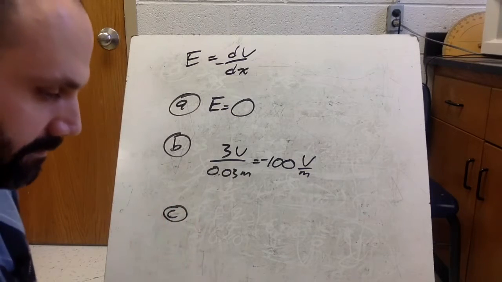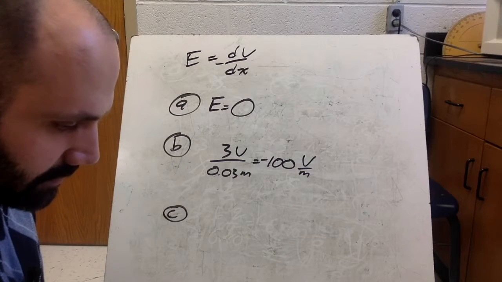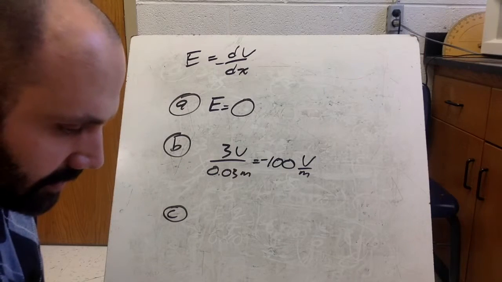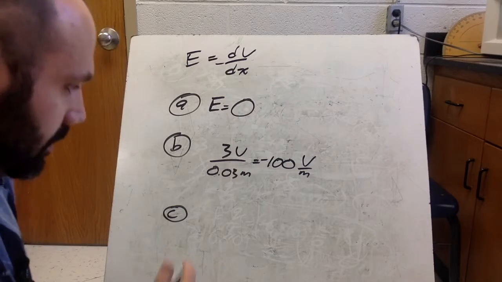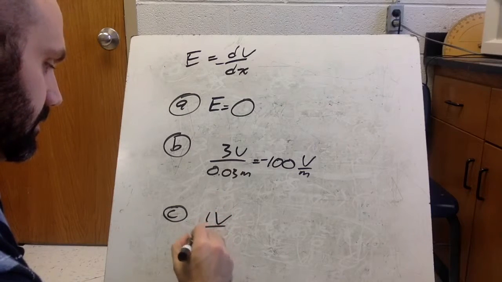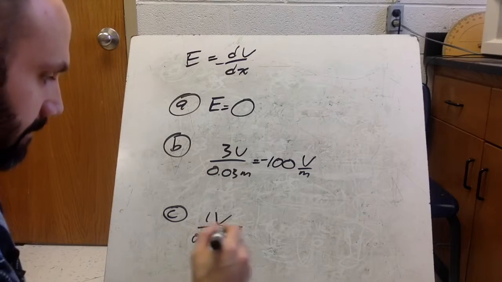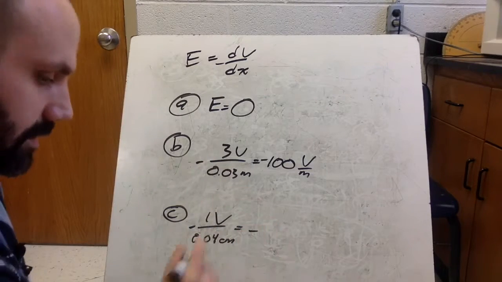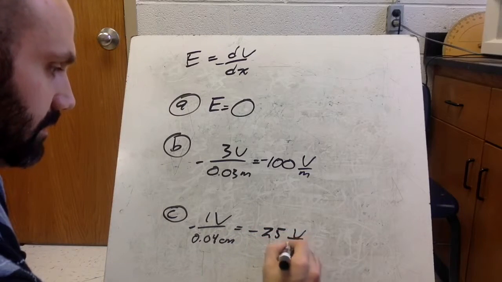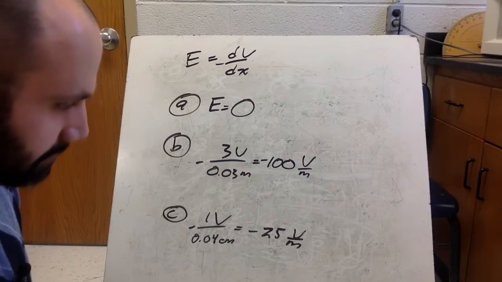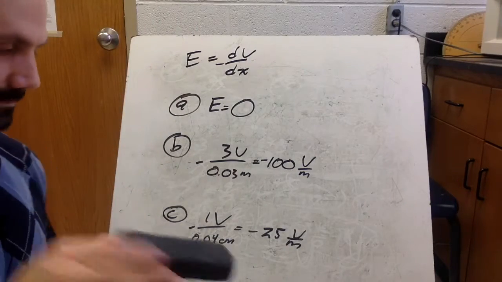And then C, here we're going to look for the average ultimately, right, because here it goes up 1 volt in a space of 4 centimeters. All right, so that comes out to about negative 25 volts per meter.